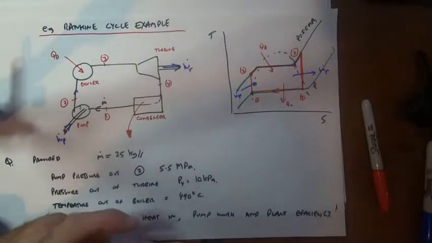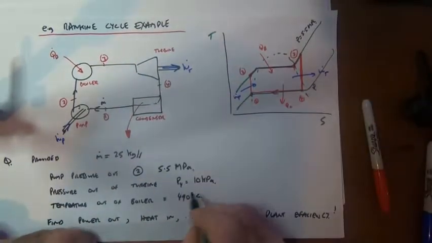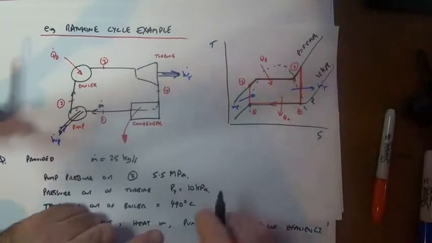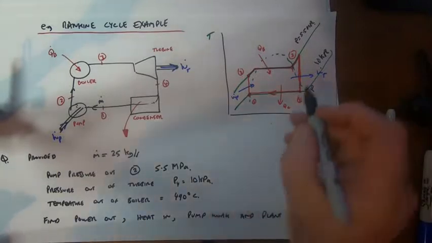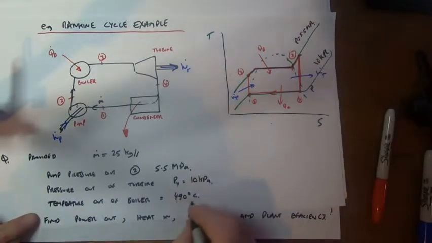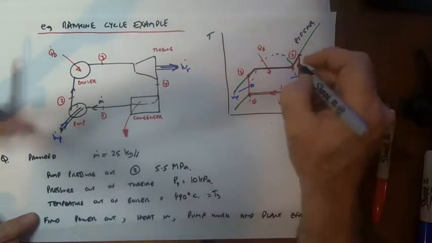And so we know that when we come out of the condenser, we're told that P4 is 10 kilopascals. So this here is the 10 kilopascal line. Okay. And we're told that this temperature here, T3, is 490.